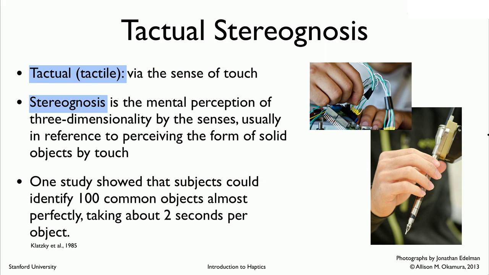Turns out that people are really good at figuring things out through touch alone in a lot of circumstances. Tactual stereognosis is the idea that you can do this sort of mental perception of 3D objects using touch. Tactual or tactile just means via the sense of touch, and stereognosis is the mental perception of three-dimensionality.